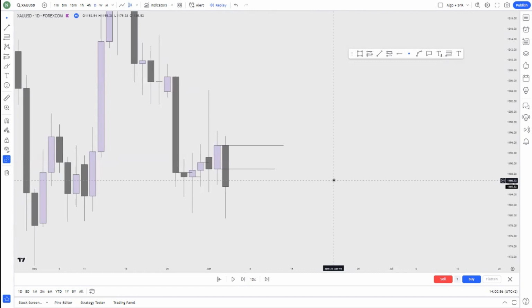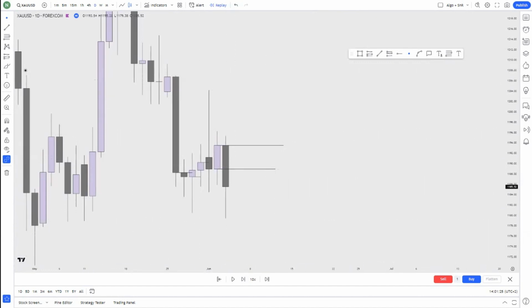What are we looking for? We're just looking at how the market creates the formation, and I'm just trying to prove a point that with two candlesticks being presented, the market is either going to create a support or a resistance. As you can see, we do have a resistance being created right here with these two candlesticks.